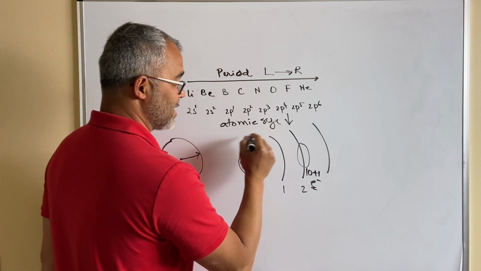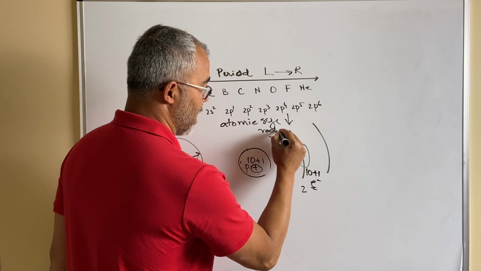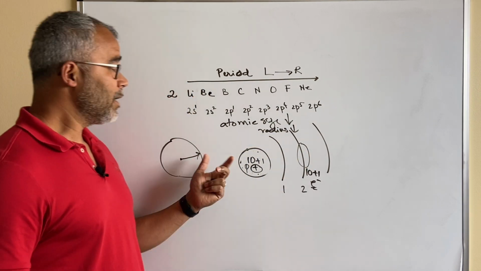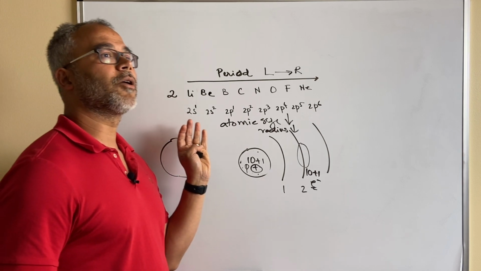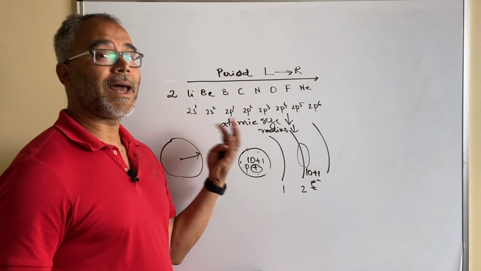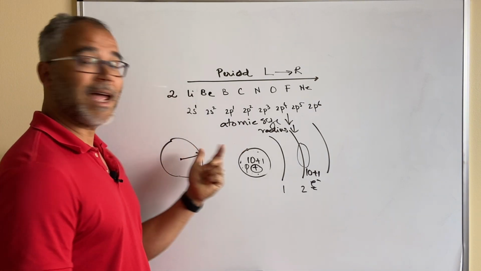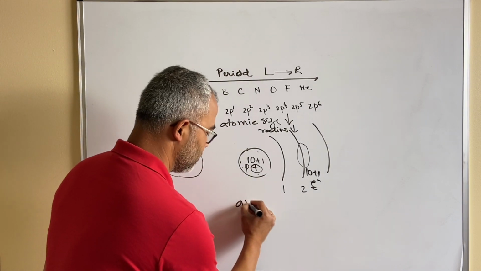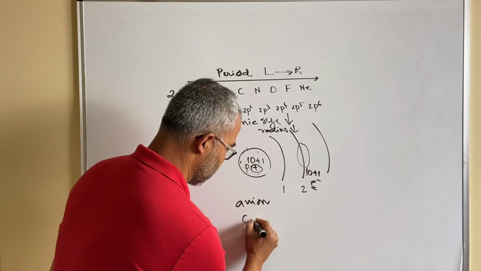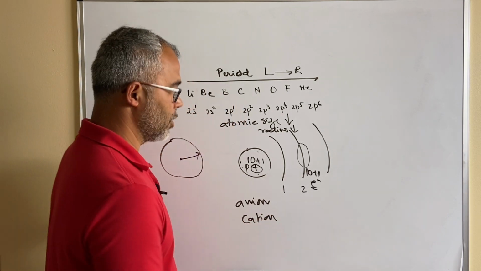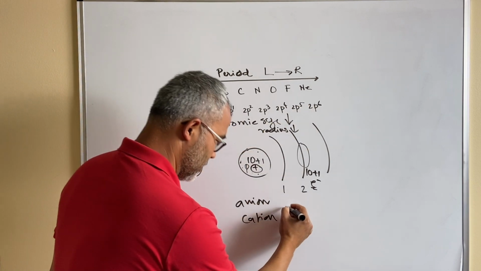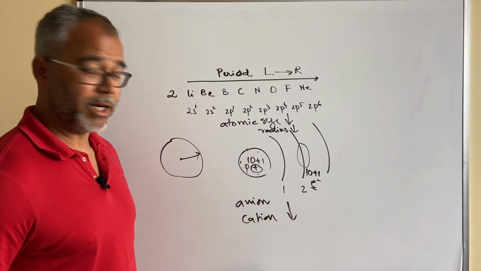So atomic size or radius also decreases. Now, what if we change this to a cation? Same logic. For cations or anions, the logic is the same. As you go from left to right, the size will decrease.